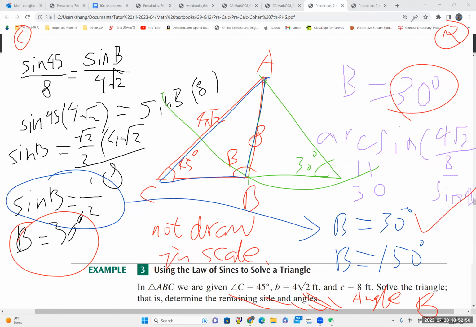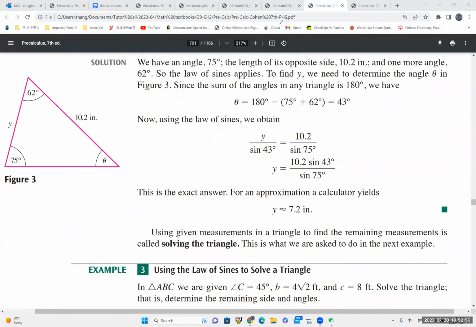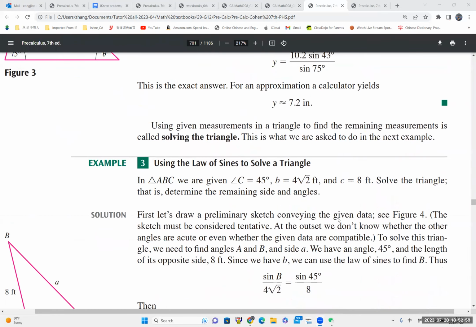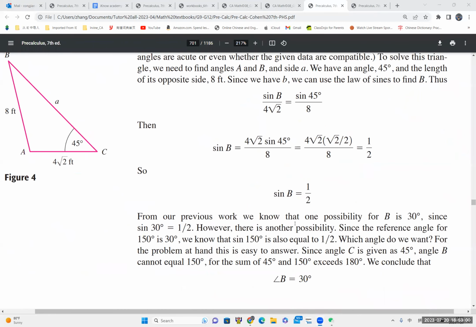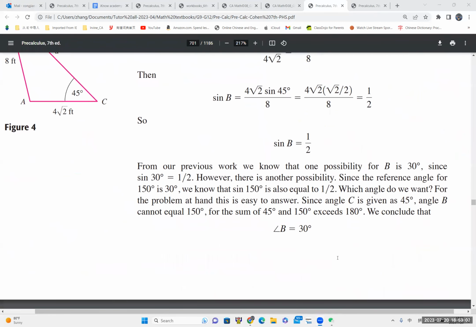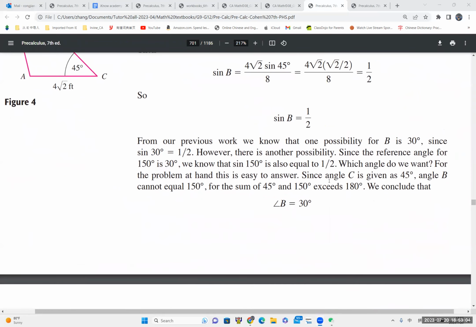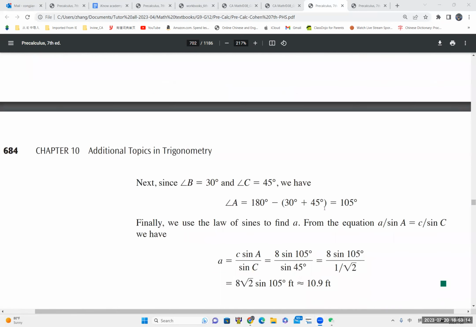But you have to be careful. In some cases, there are two different cases. Let's see how the example mentions this. When you get this, actually there are two cases. But when B is 150, it's undefined. So there is just one.